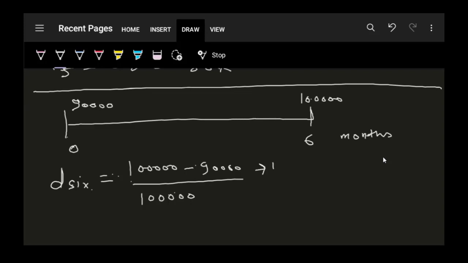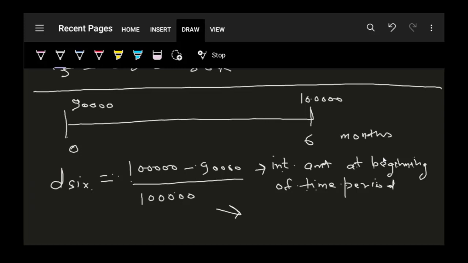So here this amount is my interest amount at the beginning of the time period, and this 1 lakh rupees is my loan amount at the end of the time period.